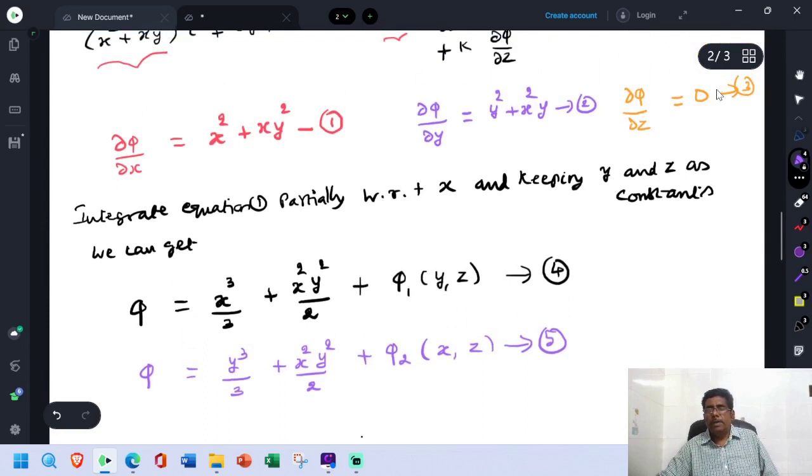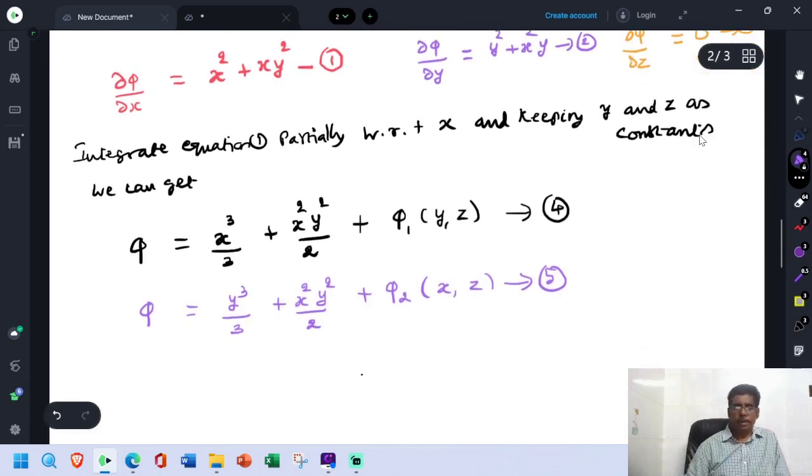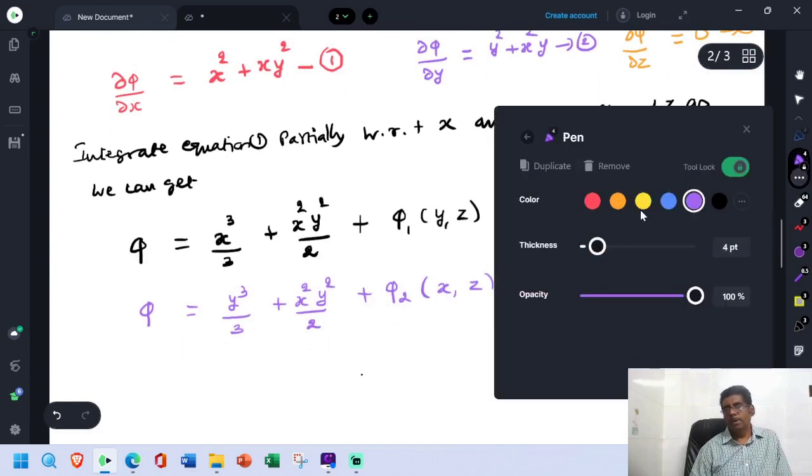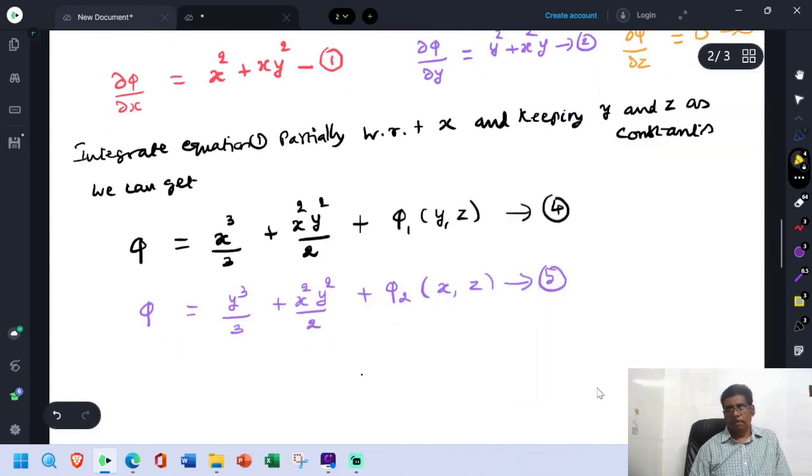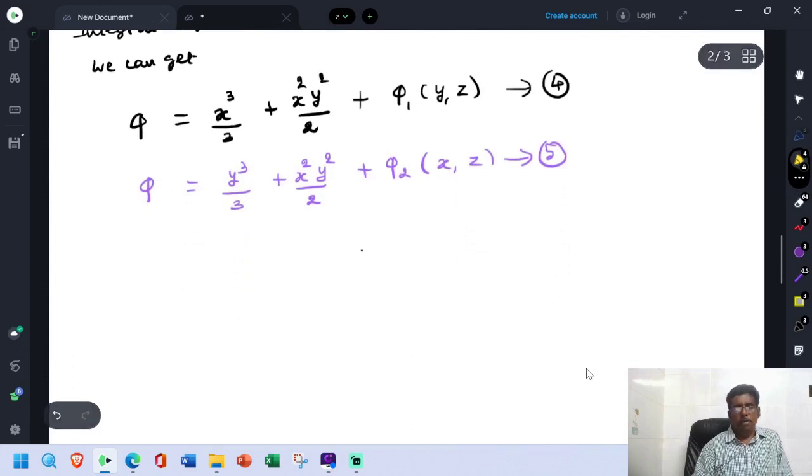So now come to equation 3. Integrate equation 3 with respect to z and keeping x and y as constants. You can get φ equal to φ3 of x comma y.